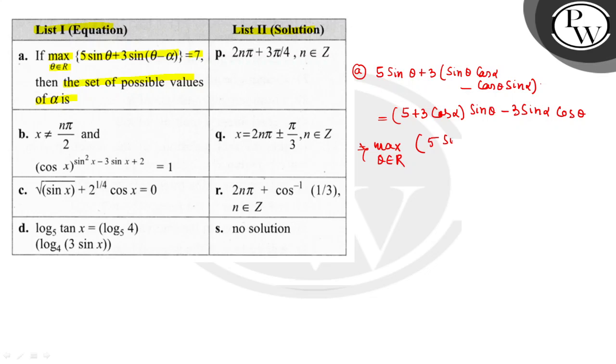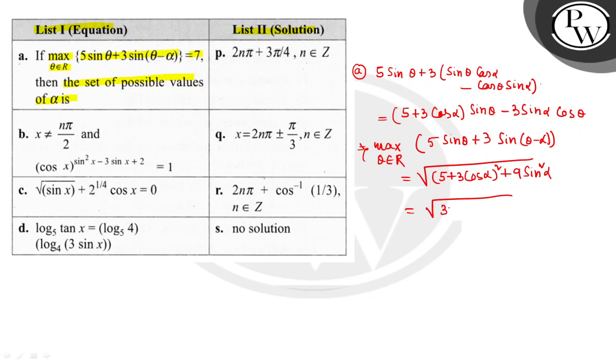You get the square root of (5 plus 3 cos alpha) whole squared plus 9 sine squared alpha. After simplification, you get the square root of 34 plus 30 cos alpha.